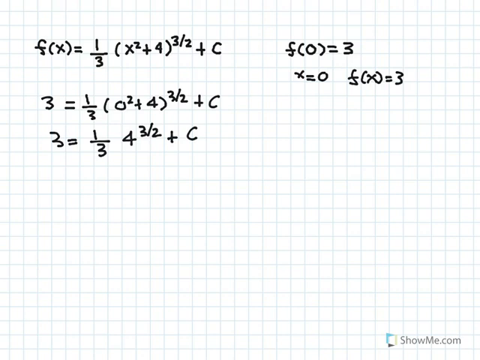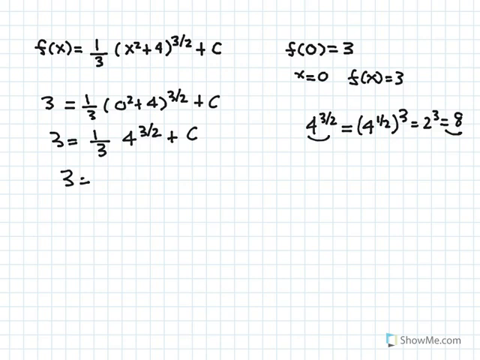And now let's evaluate 4 to the 3/2. 4 to the 3/2 is the same as 4 to the 1/2 raised to the power of 3. But 4 to the 1/2 is just the square root of 4, and root of 4 is 2, so we get 2 cubed, which is 8. So 4 to the 3/2 is equal to 8.